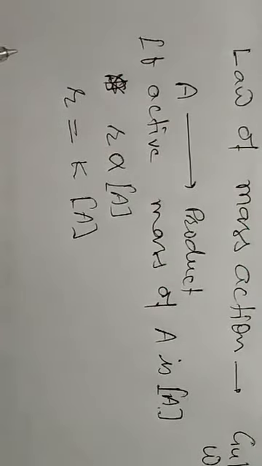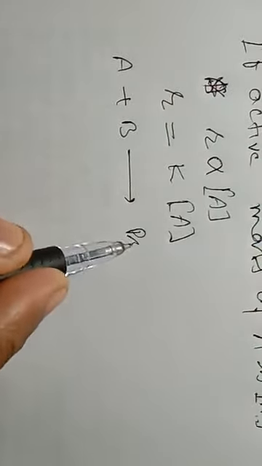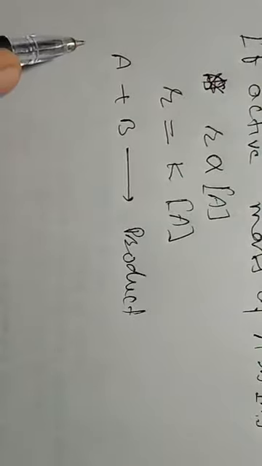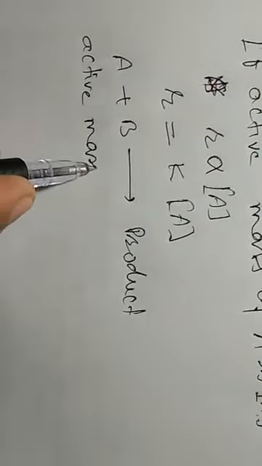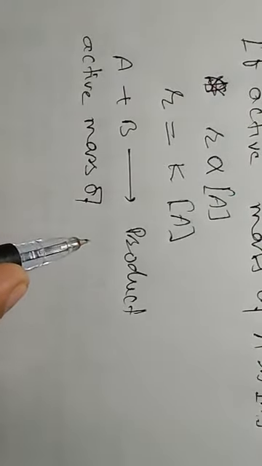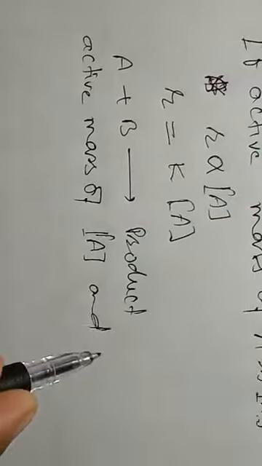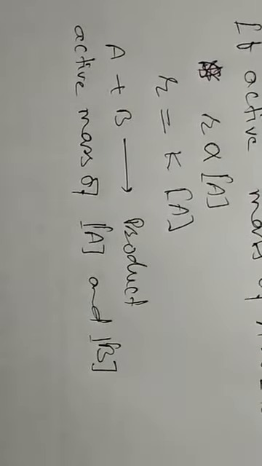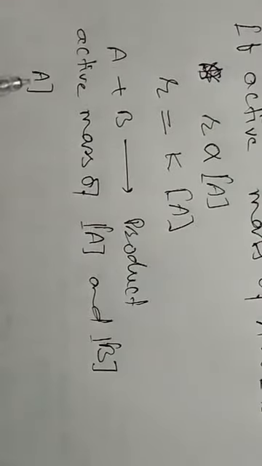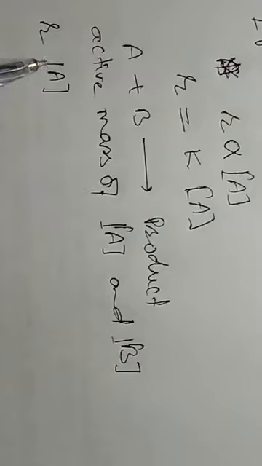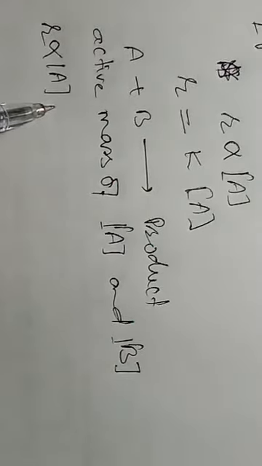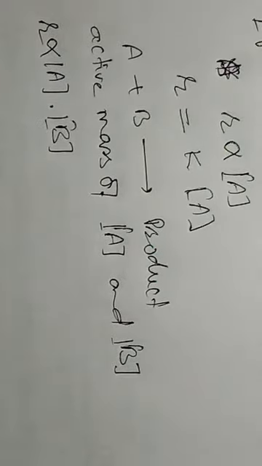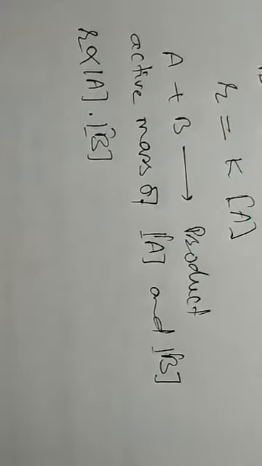In the same way, if in another hypothetical reaction A and B together form product, and the active masses of A and B are [A] and [B] respectively, then according to the law of mass action, the rate of this reaction will be proportional to the product of the active masses of the reactants.